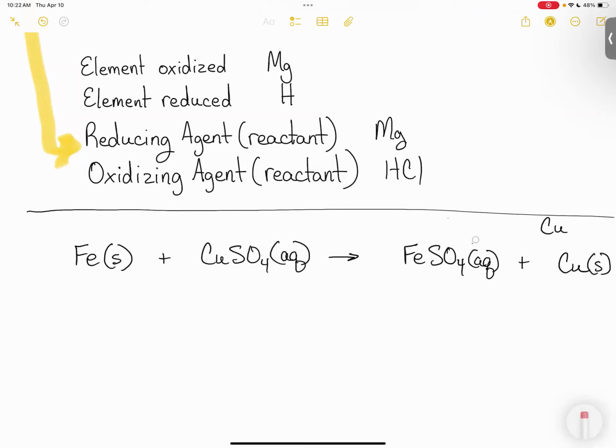Now we need to address oxidation states. Elements in their standard state are given an oxidation number of 0. Do we have any elements in their standard state? Iron and copper.